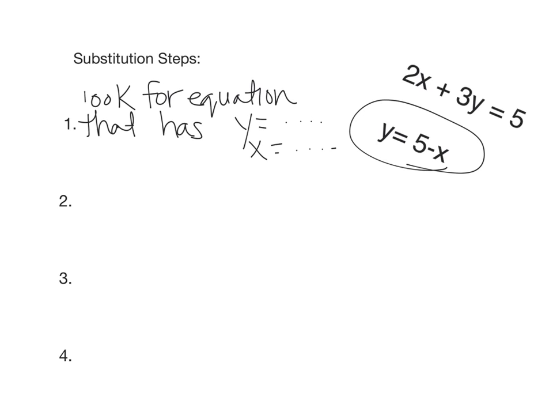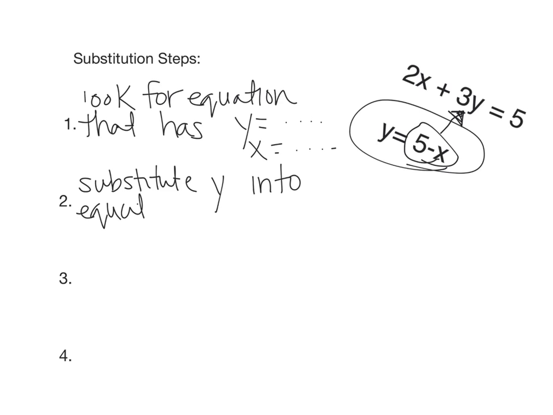My second step that I wrote down is to substitute the equation in for y on equation A. So if I know that y is 5 minus x, I am going to substitute it in here for this y. So you're going to substitute your y, which was 5 minus x, into the equation A.